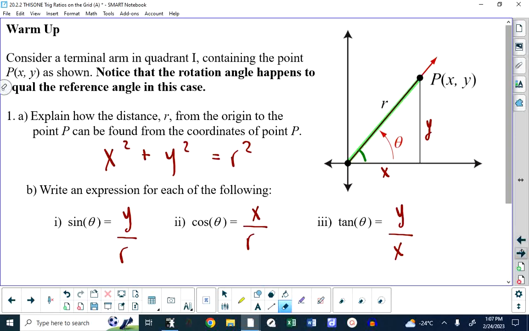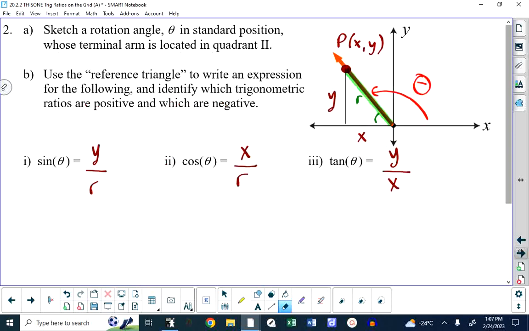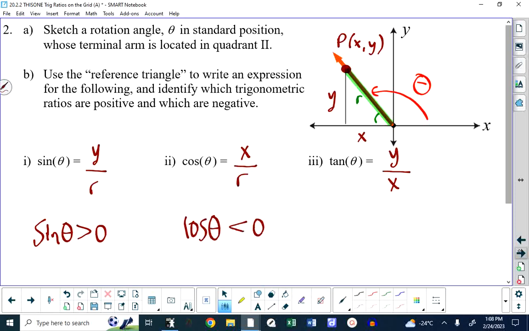But looking at this diagram, you should understand that in quadrant 2, sine of theta will be positive because y is positive in quadrant 2. Well, heck, I don't think you even need a diagram. You should be able to see in your head that in quadrant 2, y is positive, and x is negative. And that would mean that cosine of an angle in quadrant 2 will give you a negative value.